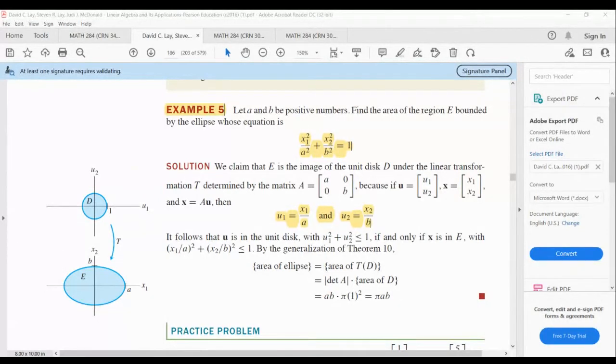So under the transformation, you map a circle with u1 and u2 axes to an ellipse with x1 and x2 axes. And so the area of the ellipse is not probably easy to get, right? We can get the area of a circle, but how do we get the area of an ellipse? We're using the formula.